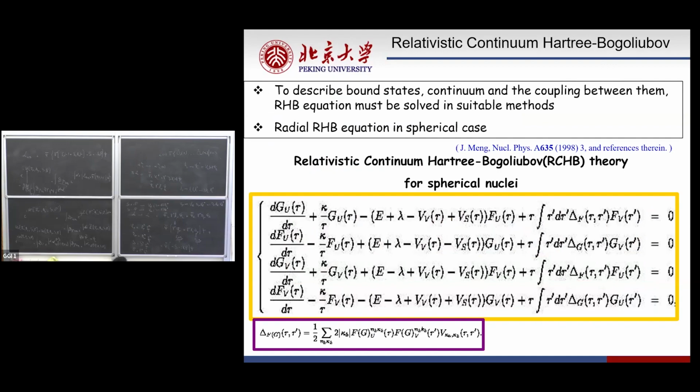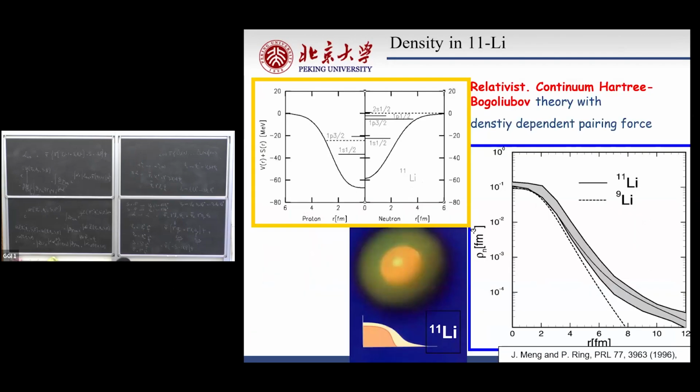The pairing force is a delta function, then immediately it reduces to a differential equation. And for the differential equation, you can use, for example, the techniques we introduced yesterday, the shooting approach, the Runge-Kutta algorithm, to solve this equation.